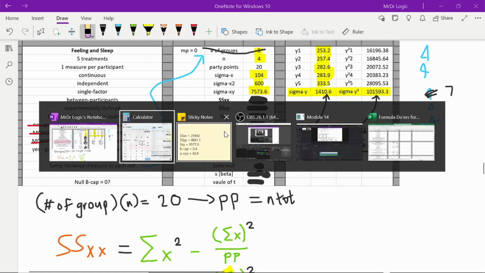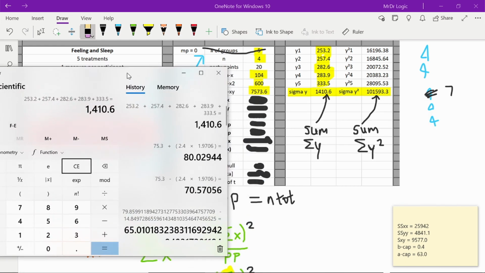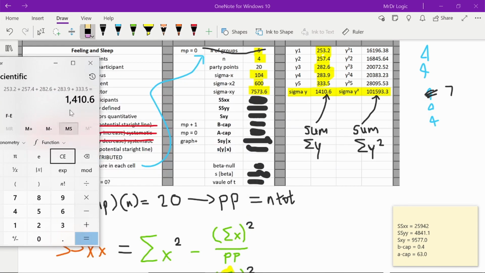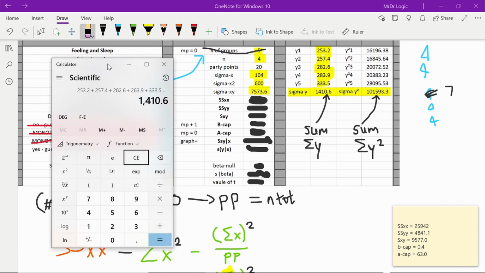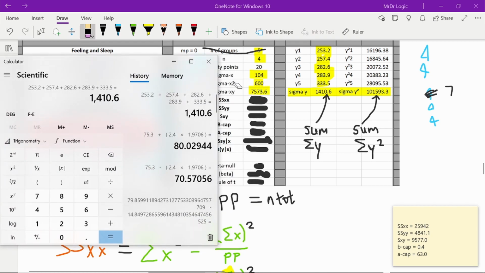So we're gonna do this because the calculator is not cooperating with me. I thought I could do this, but I can't. Okay, so we know that this is x squared, x, and the PP is 20. If you still think I'm immature for saying it, I don't blame you.